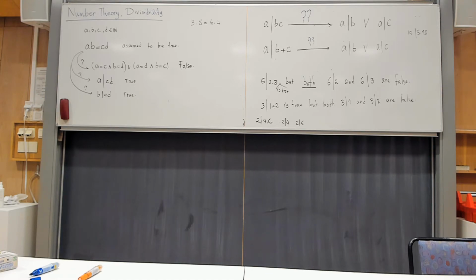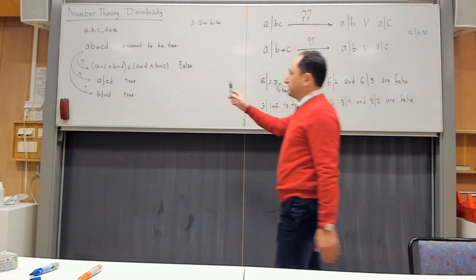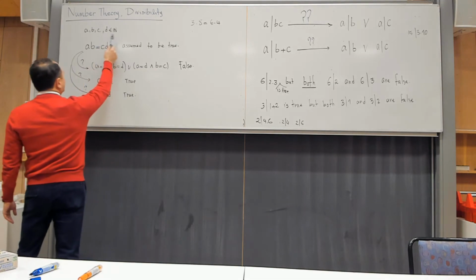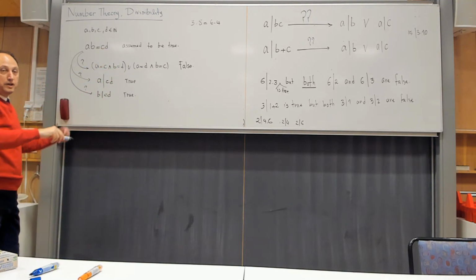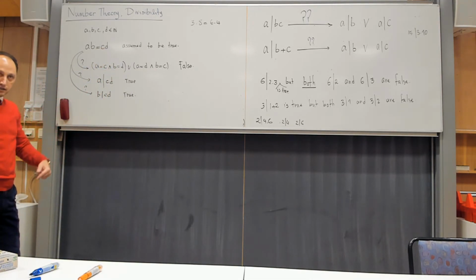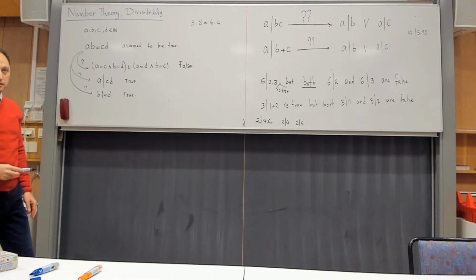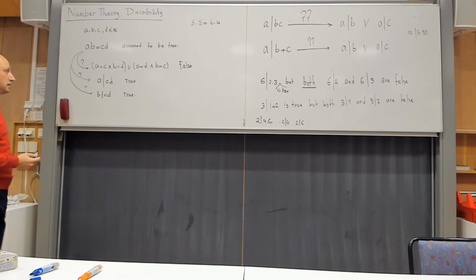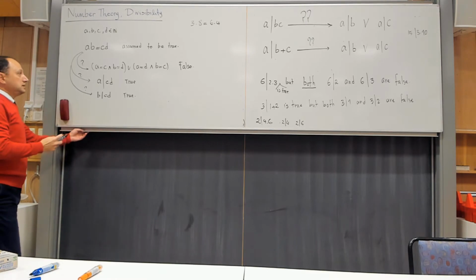Yeah, probably that's also correct. But the problem has given you that this is in N. When something is in N, automatically it is also in the set of integers. Okay.